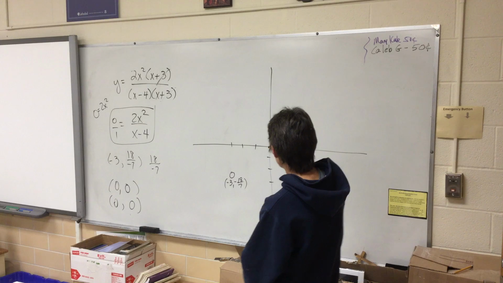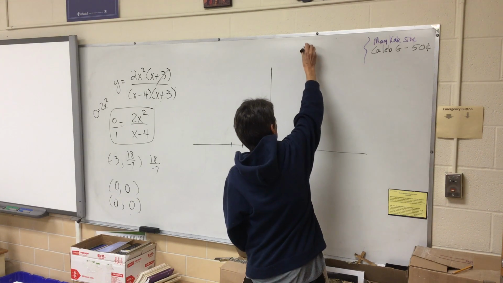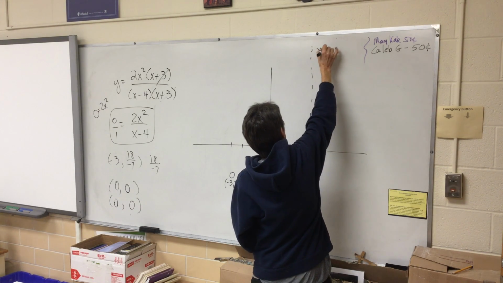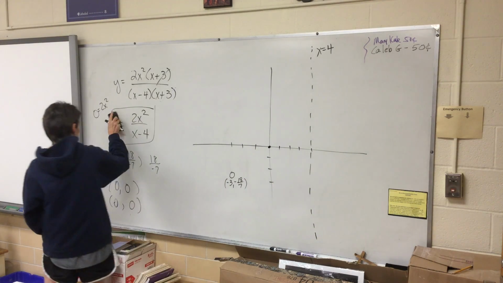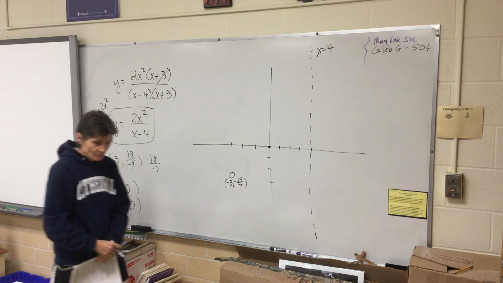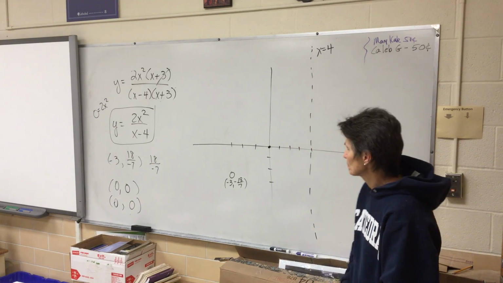All right, what else do I need? Vertical asymptote and horizontal asymptote. Where's my vertical asymptote? Kids, vertical asymptote's at 4. How do I know the vertical asymptote's at 4? Yeah, it's what makes the denominator 0, and 4 makes the denominator 0.